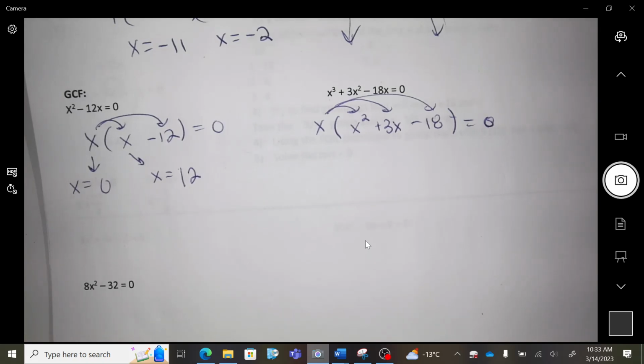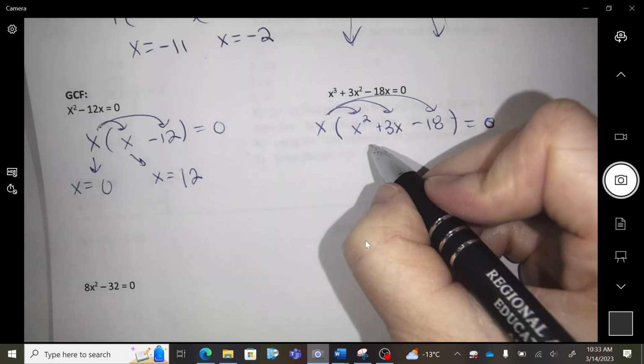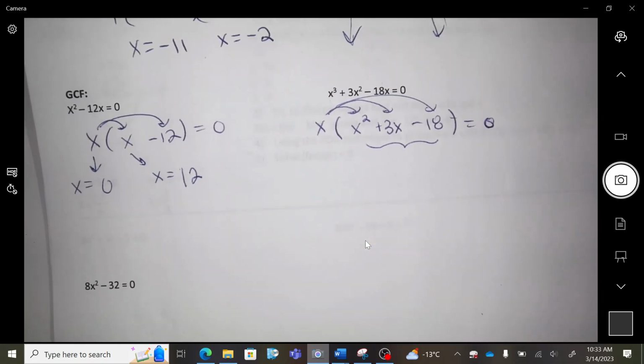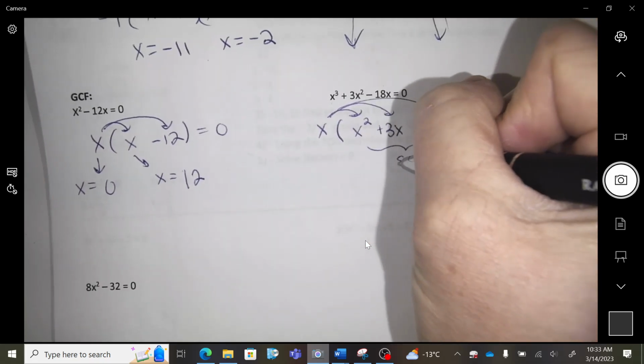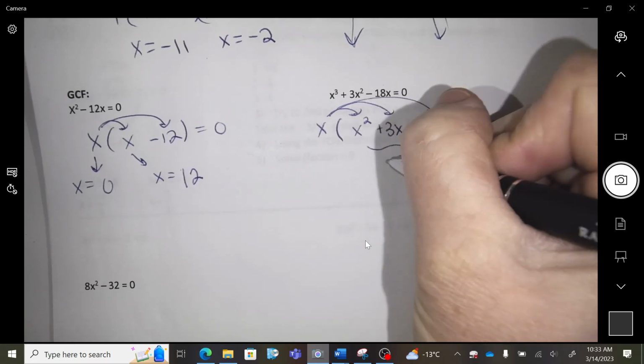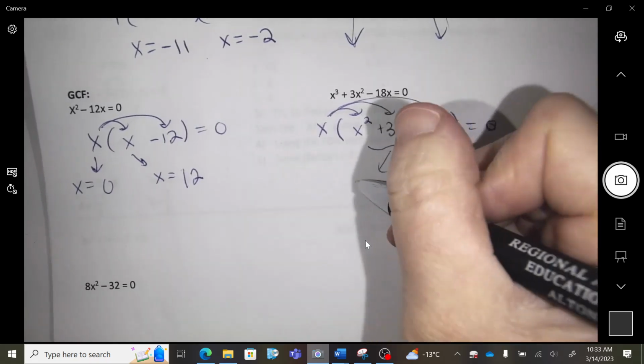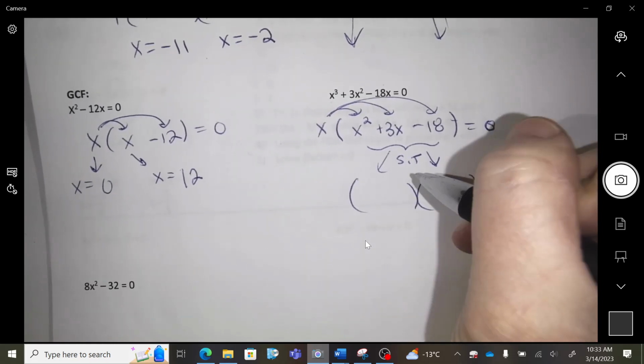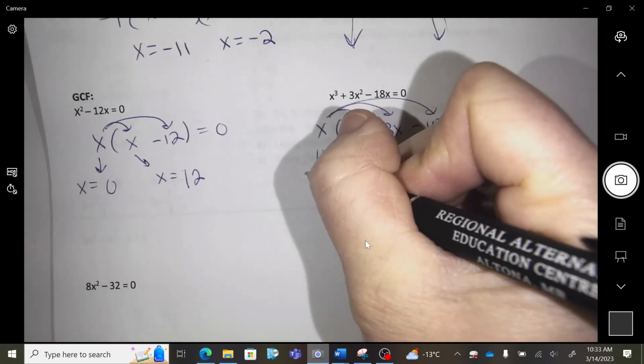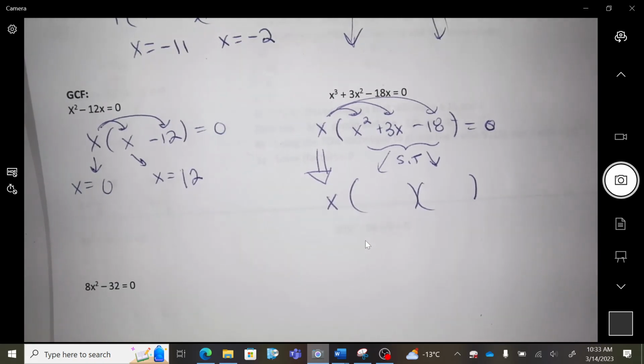We aren't at the solution stage. We actually have to do one more step. Anybody see what you would do here? There's a simple trinomial. Okay, so this simple trinomial will create 2 more brackets. But here's the important thing: you have to also carry that x down.